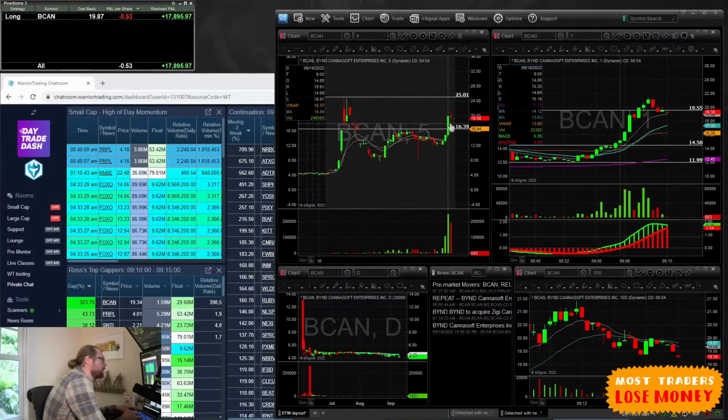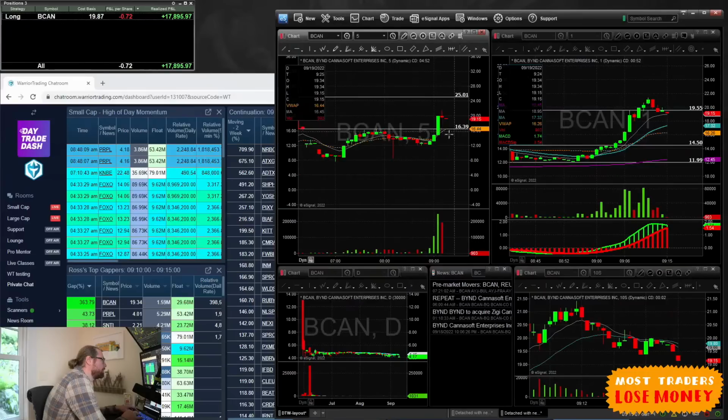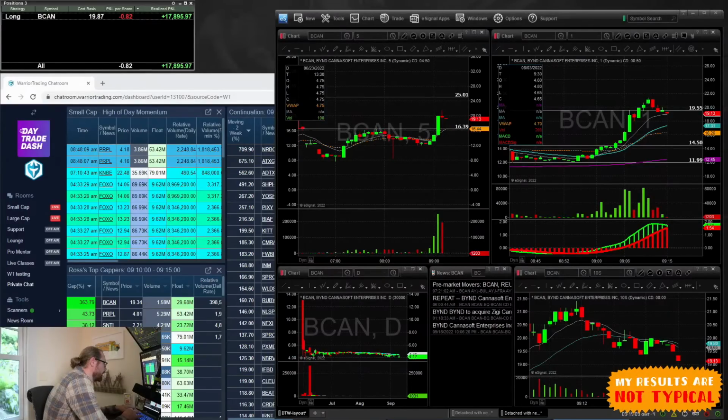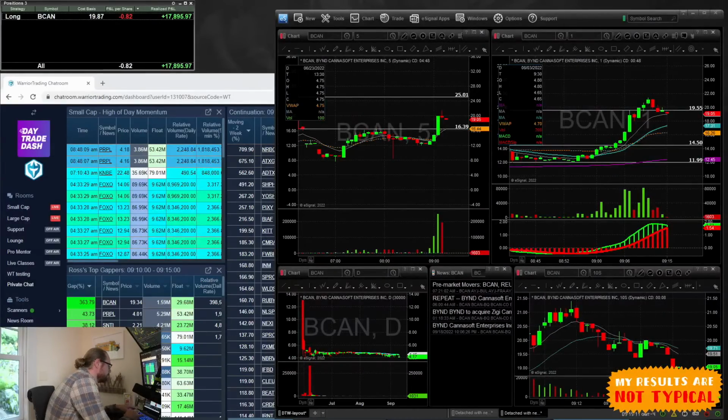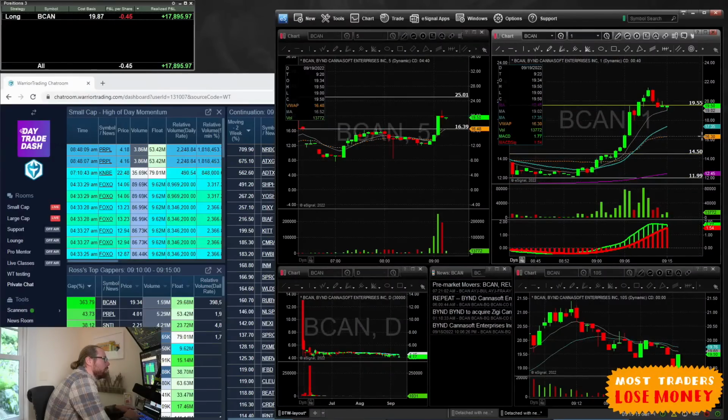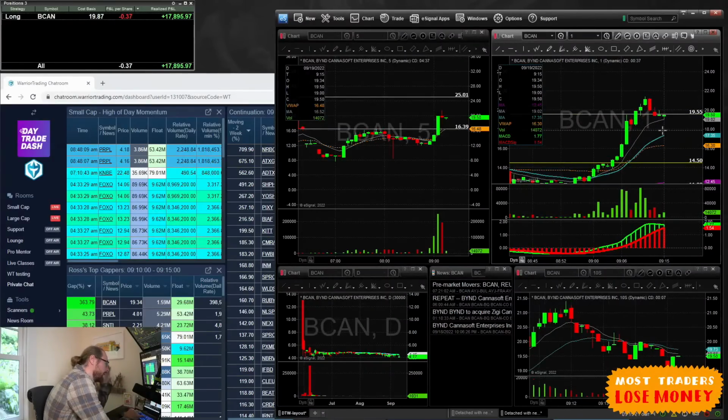So that candle closed red with that topping tail. That's a reversal indicator. So watching as it dips down, the low there was 19.